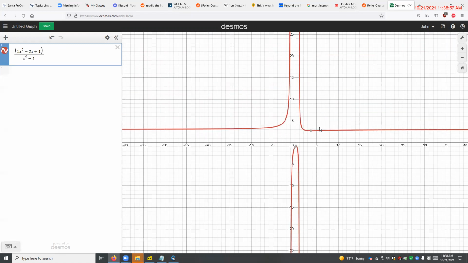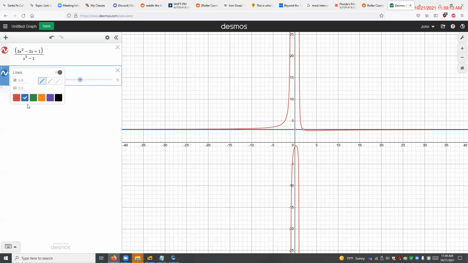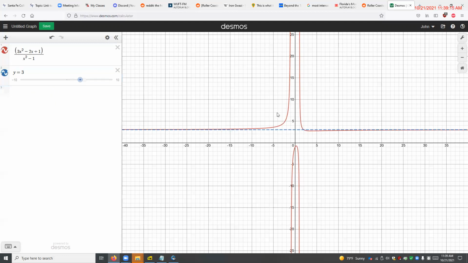So end behavior is what happens as you go really far to the left or really far to the right. Yeah, that's what end behavior means, whether you're talking about polynomials, rational functions, or anything else. The concept of end behavior for a rational function is its horizontal asymptote.